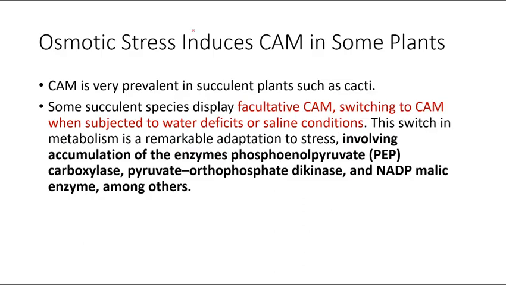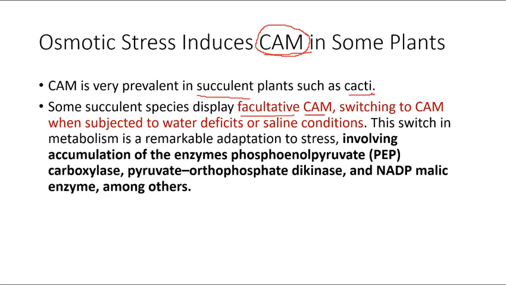Now some plants shift to CAM metabolism. What is CAM metabolism? CAM metabolism is a kind of carbon fixation in succulent plants such as cacti. Now there are some succulent species which display facultative CAM.